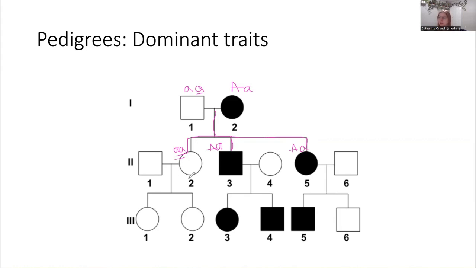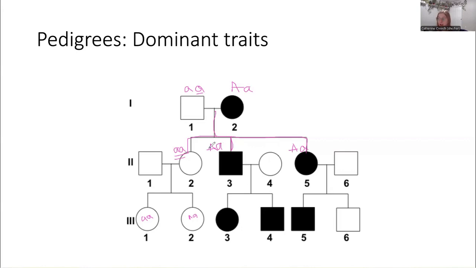Cool. Now let's look at the daughters of the firstborn girl in generation 2. So she coupled and she had 2 daughters. Neither of those daughters have the trait. That means that both of these daughters are homozygous recessive. This son partnered with a person and they had 2 kids, a boy and a girl.